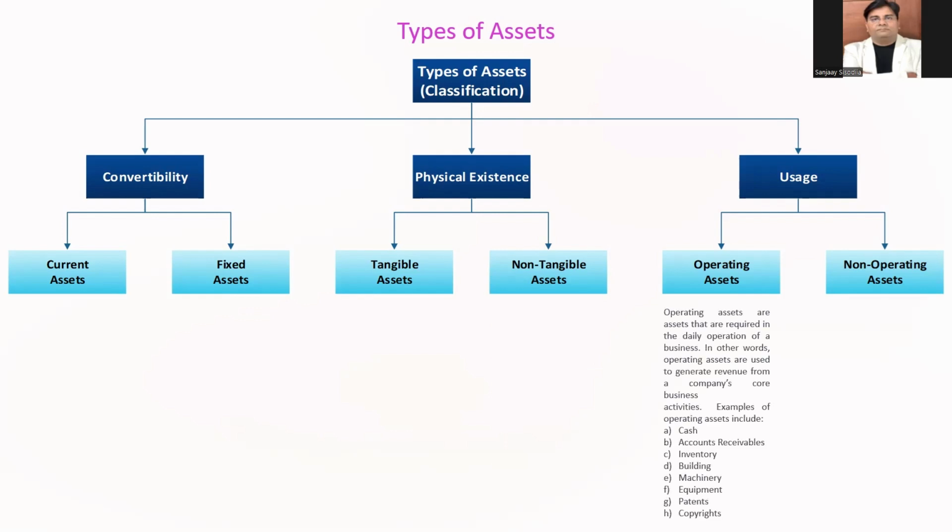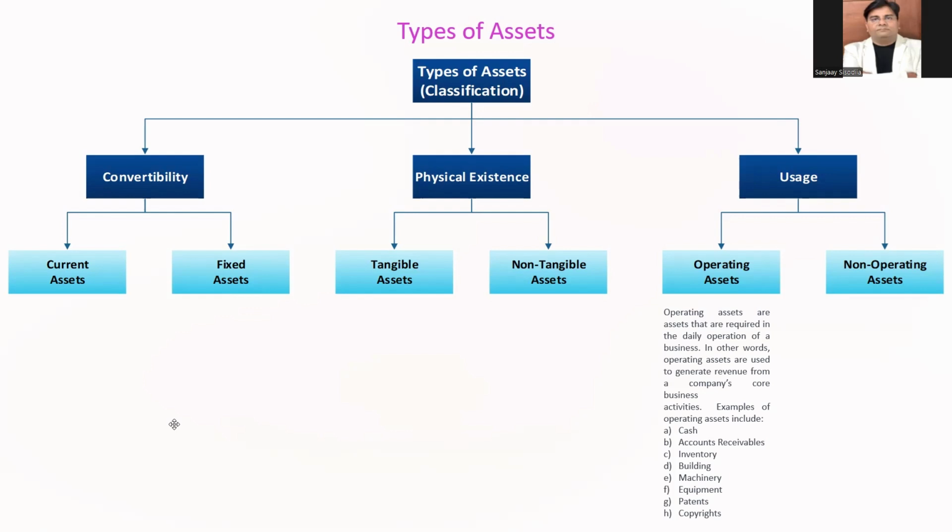When we say operating assets, those are the assets which are required to perform the day-to-day operations of the business, or the assets which are essential to carry out the day-to-day activities of the business.